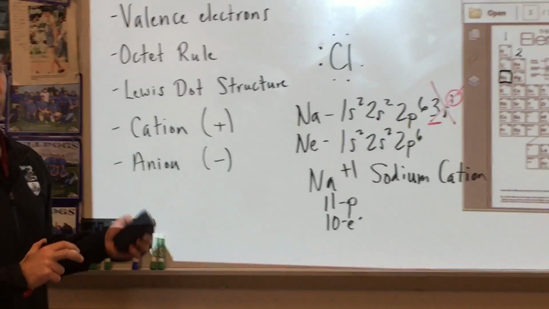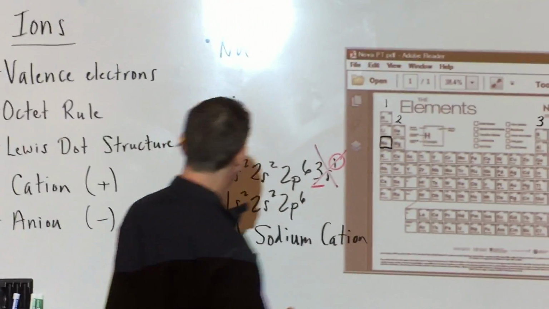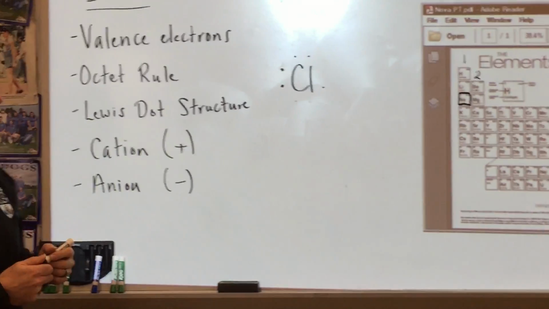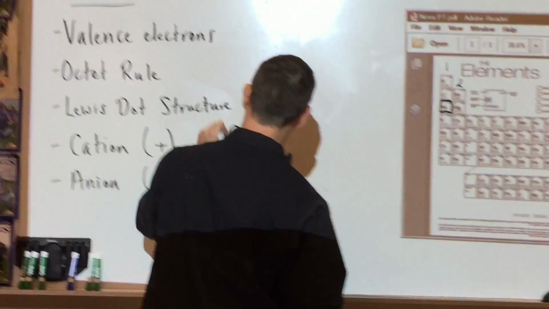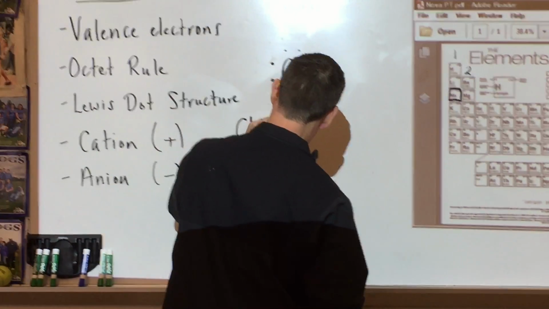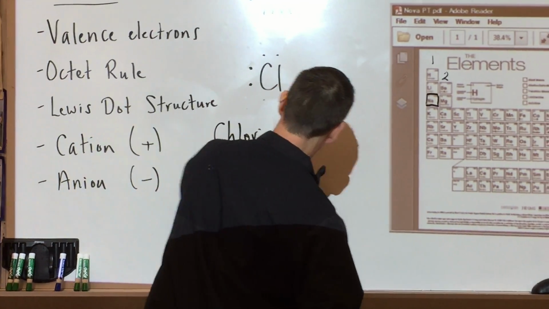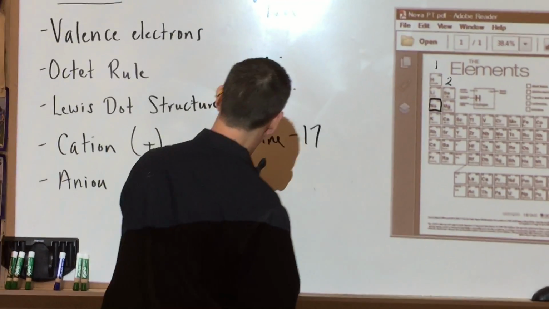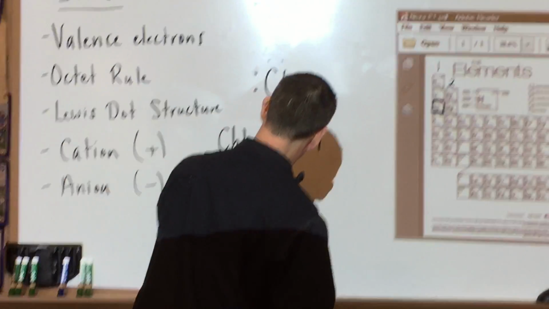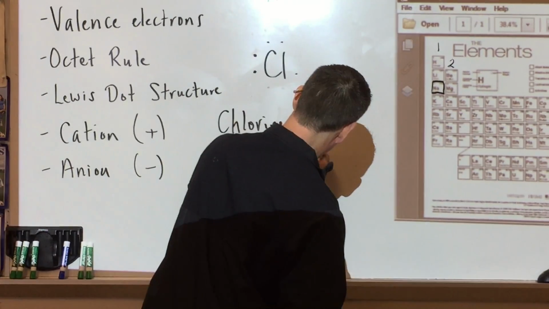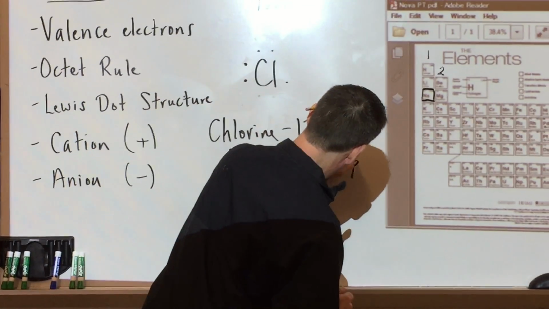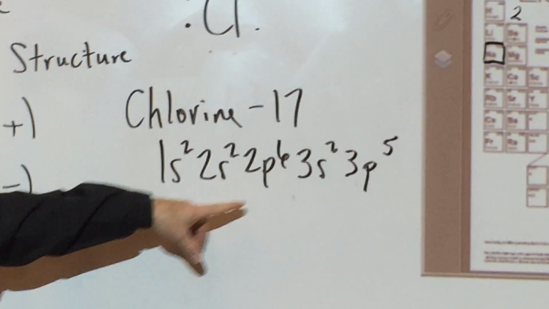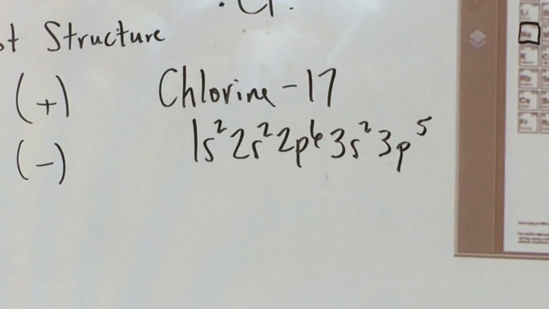So let's take a look at an example of an anion. Chlorine becomes an anion. Chlorine, which has 7 valence electrons in a neutral atom, would have an electron configuration that looks like that: 1s2, 2s2, 2p6, 3s2, 3p5.